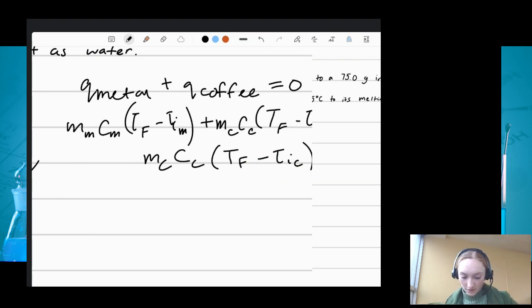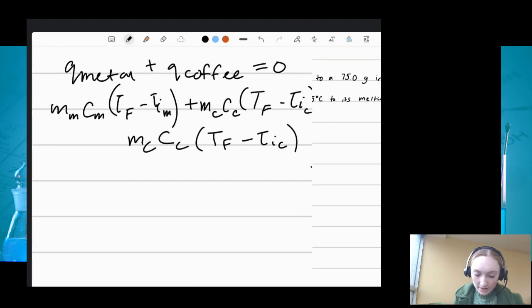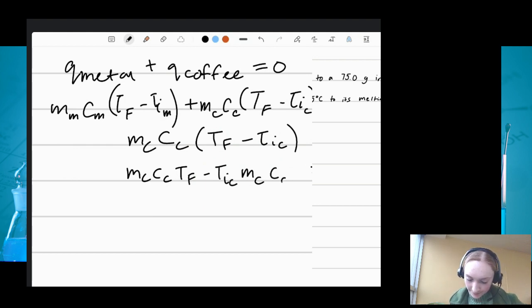Okay, I'm going to double check I did that right. Yep. Awesome. And so let's multiply these terms out so that we're not working with this whole thing coupled in these parentheses. That's going to be MC, CC, TF minus TIC, and then MC, CC.